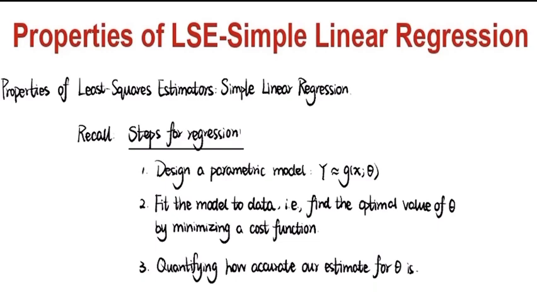We are able to obtain the value of theta by minimizing a cost function. A cost function is the sum of square error I talked about the other time. We want to minimize that. And the theta here is the beta naught and the beta 1. And number 3 is, how do we quantify how accurate our estimate for theta is?